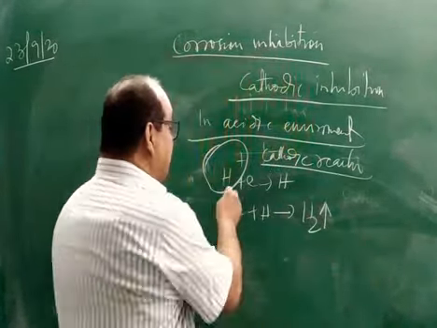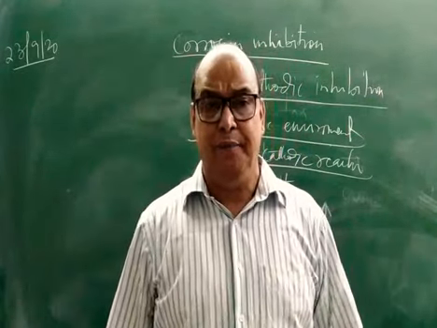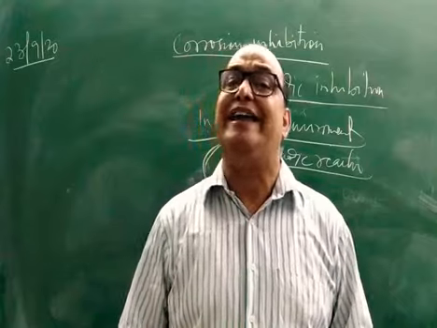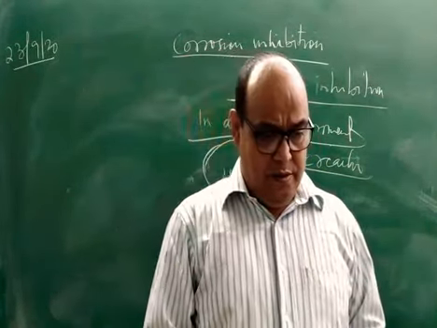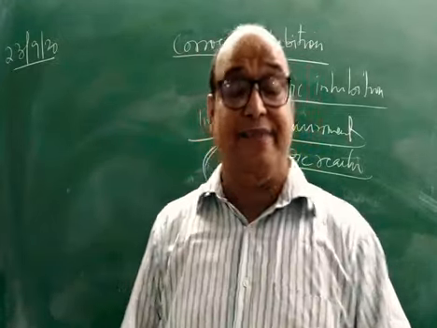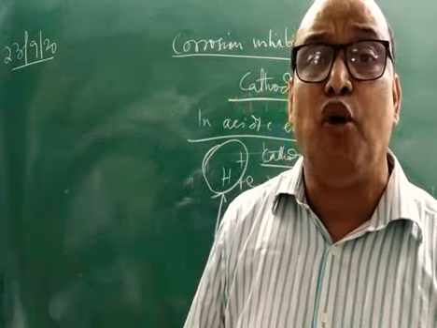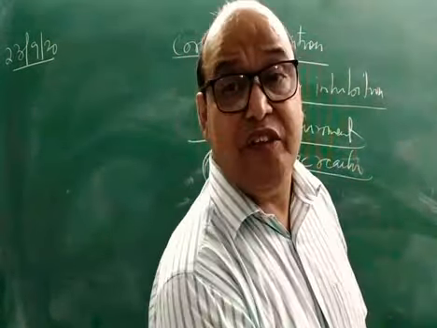Here, diffusion of H plus ion can be reduced by using organic inhibitors like amines and heterocyclic nitrogen compounds, and these compounds have a tendency to get deposited on the metal surface, and thus the metal surface becomes protected.